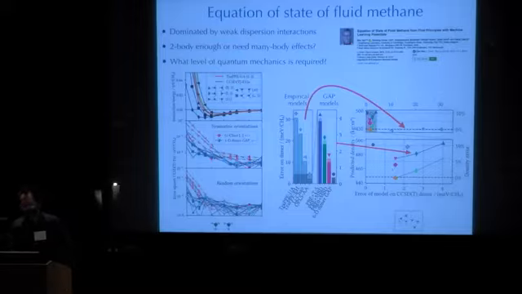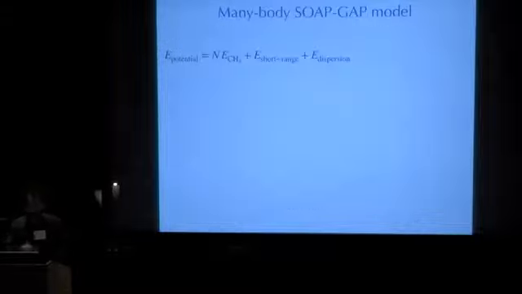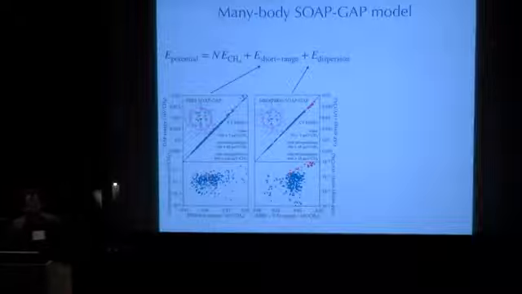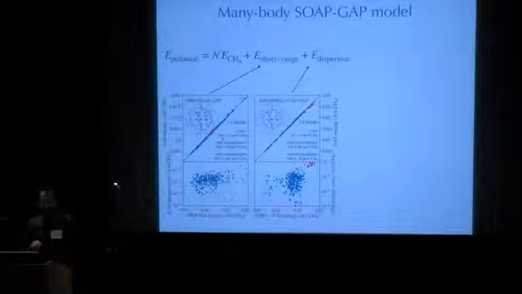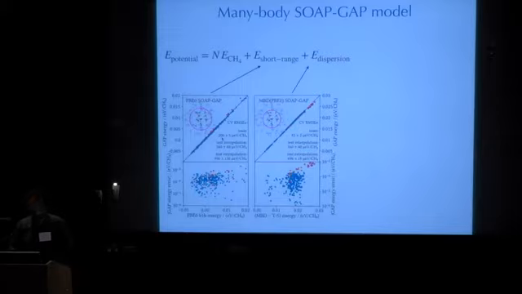And the difference between these models is now not the regression, but the level of quantum mechanics that we use. The way we did this is we separated the total energy into a one-body energy, a short-range energy, and the dispersion energy. Each of those got fitted using kernel ridge regression, using the kernel that I introduced, and we're getting accuracies of 0.1 milli-eV, so 100 micro-eV, really very exquisite accuracy on the interaction of these particles.